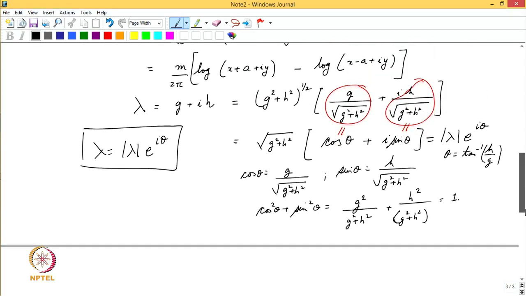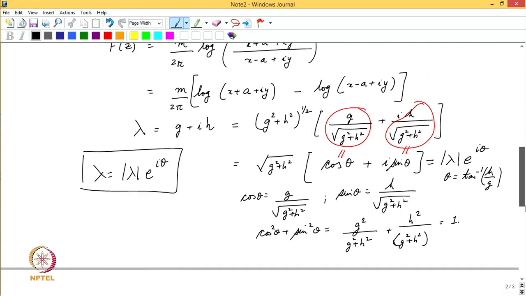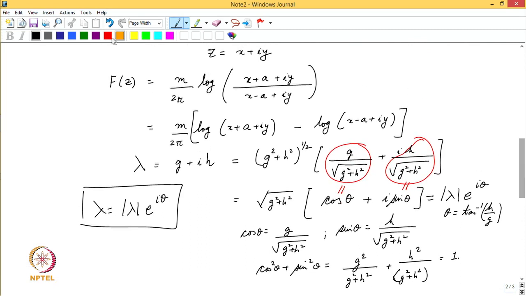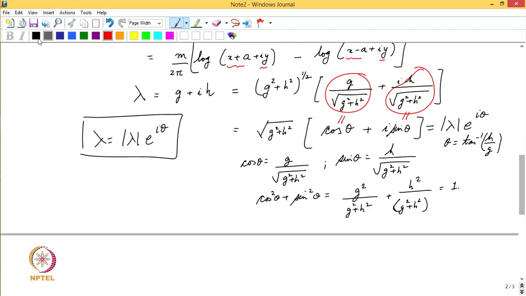So, what we will do now is note that if you look at the first expression here, this is the real part, this is the imaginary part. To calculate the modulus, I would say the modulus will be x plus a whole square plus y square, the whole thing under root, and on the other side we will have x minus a whole square plus y square, the whole thing under root. So, that would be the modulus of those two complex numbers.